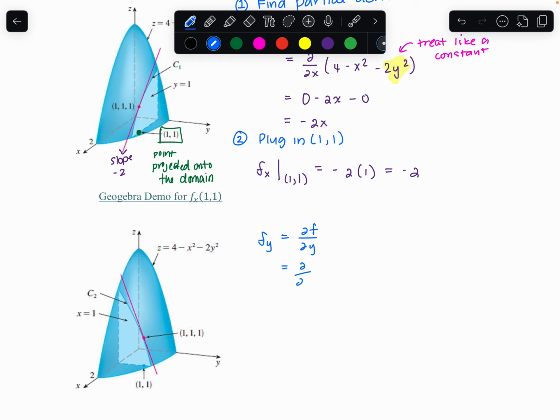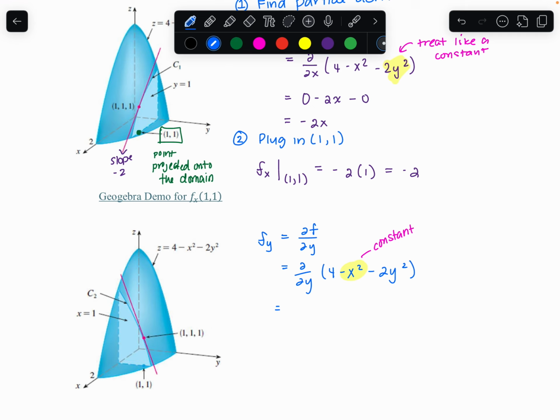So the partial derivative with respect to y, our f function was what? 4 minus x squared minus 2y squared. And now we're going to treat this portion like a constant, right? So this is going to be constant. Now I'm taking a derivative with respect to y. This is not implicit differentiation.